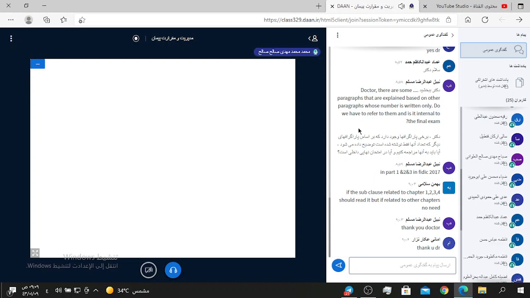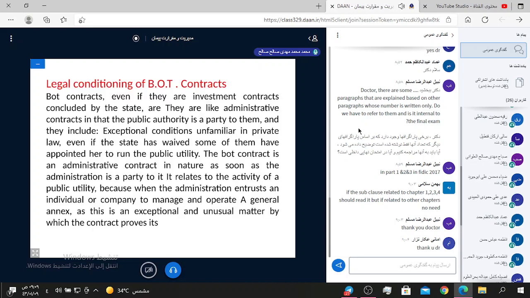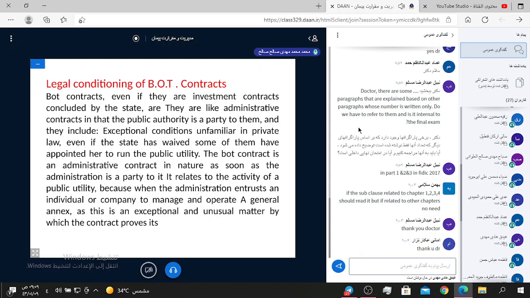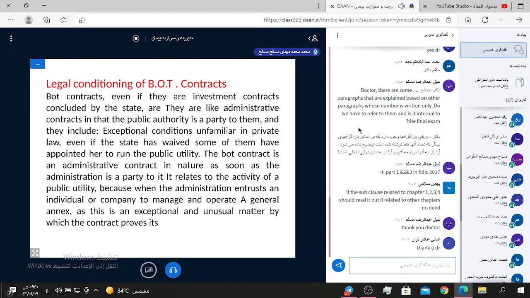Legal conditioning of BOT contracts. BOT contracts, even if they are investment contracts concluded by the state, are like administrative contracts in that the public authority is a party to them, and they include special conditions unfamiliar in private law, even if the state has waived some of them.